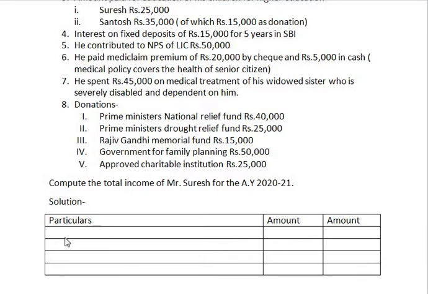So let us start solving. Note down the sum and then start solving. First we have to take gross total income. Directly we are taking the amount to amount column, 20 lakhs.